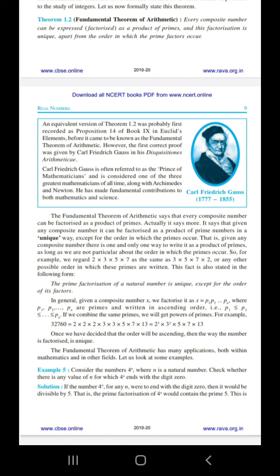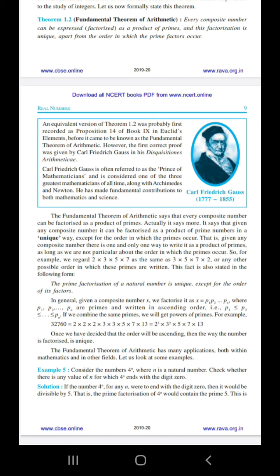Put a comma. Apart from the order in which the prime factors occur.